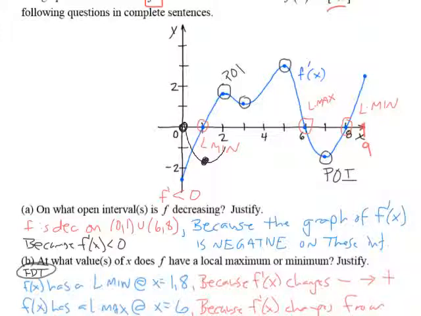And then from 2 to 3, we want the function to be concave down. So from 2 to 3, we're going to draw something that's concave down. From 3 to 5, we want concave up. So we'll go 3 to 5.